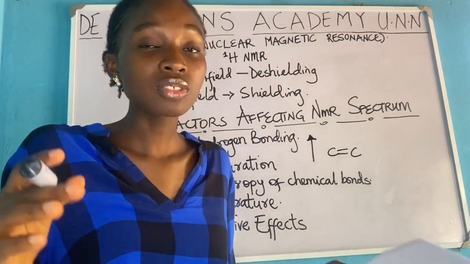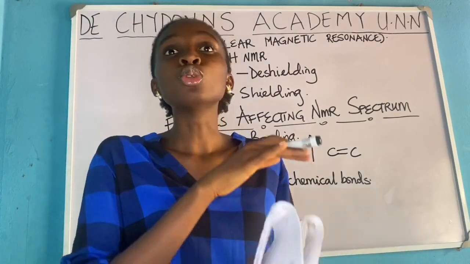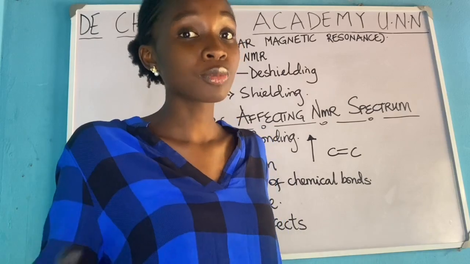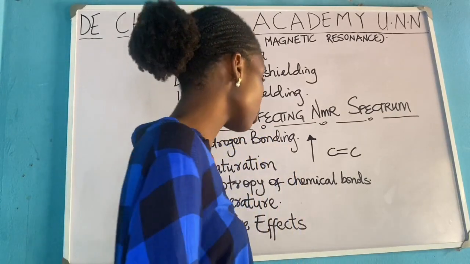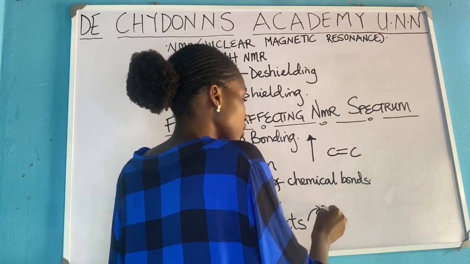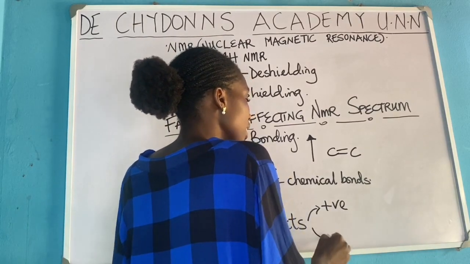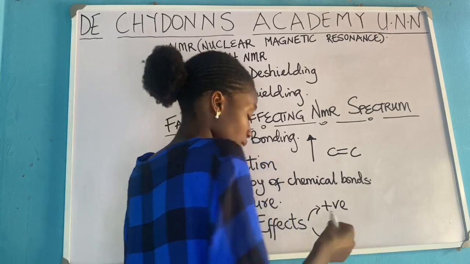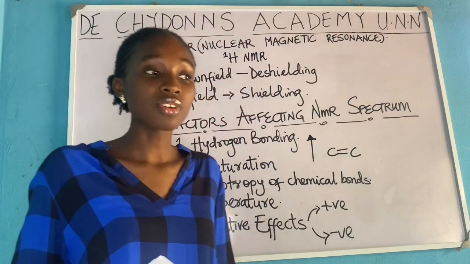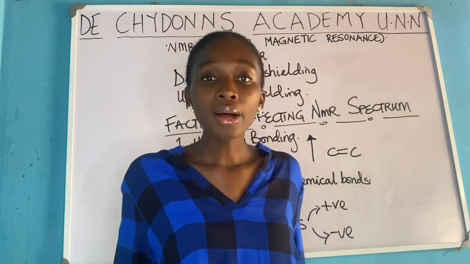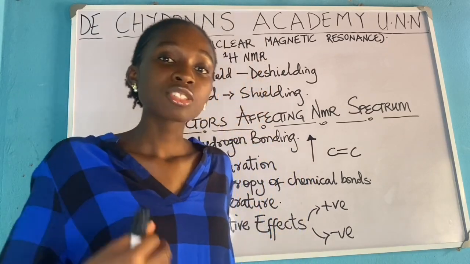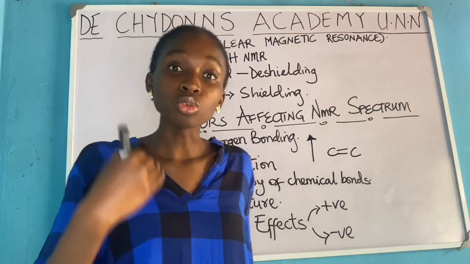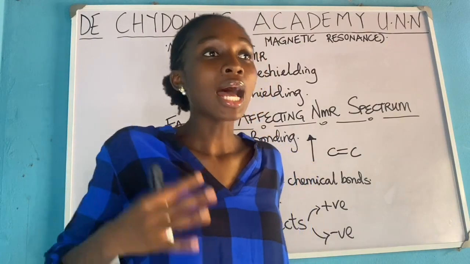And usually now, the inductive effect is the most common and the most well-observed effect in an NMR spectrum. Inductive effects are split into two, based on two groups: the positive inductive effects and the negative inductive effects. Positive inductive effects are obtained when compounds or atoms or nuclei which have electron donating tendencies are in your sample.